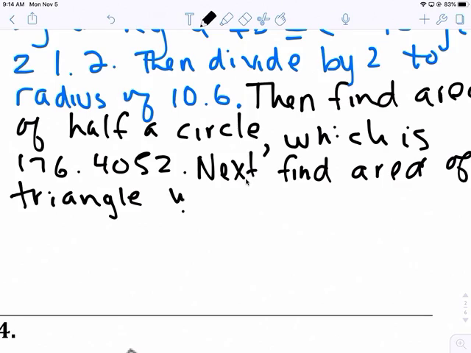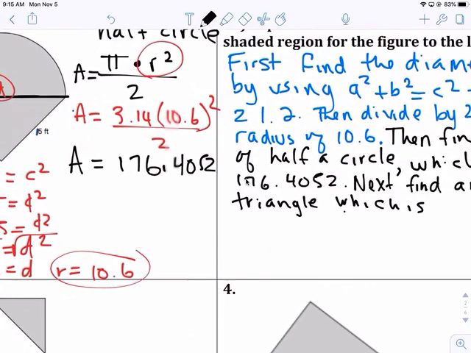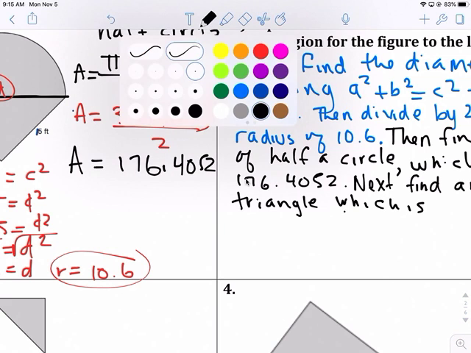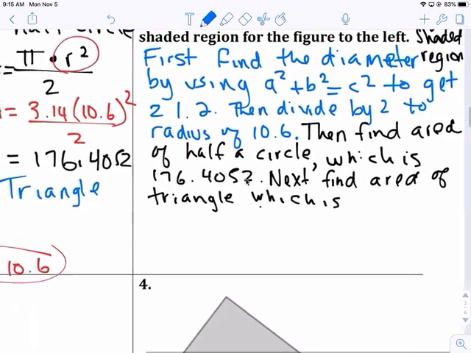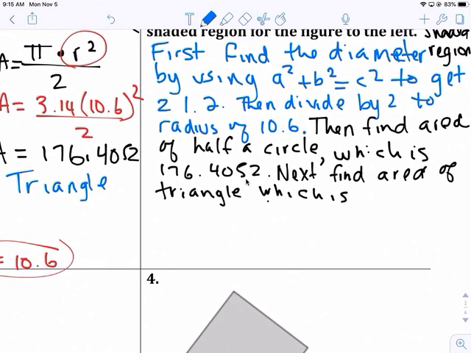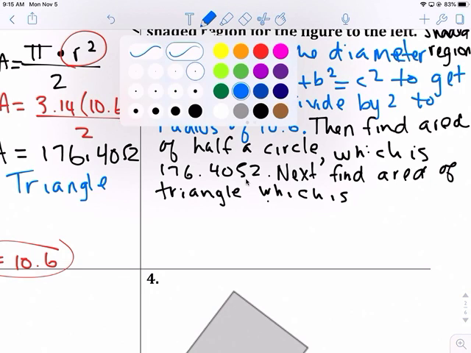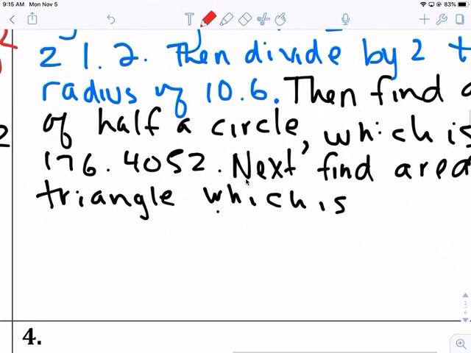Which is the area of the triangle. Do the work here. Actually, I didn't give enough room, so I need you to put area is pi r squared divided by 2.